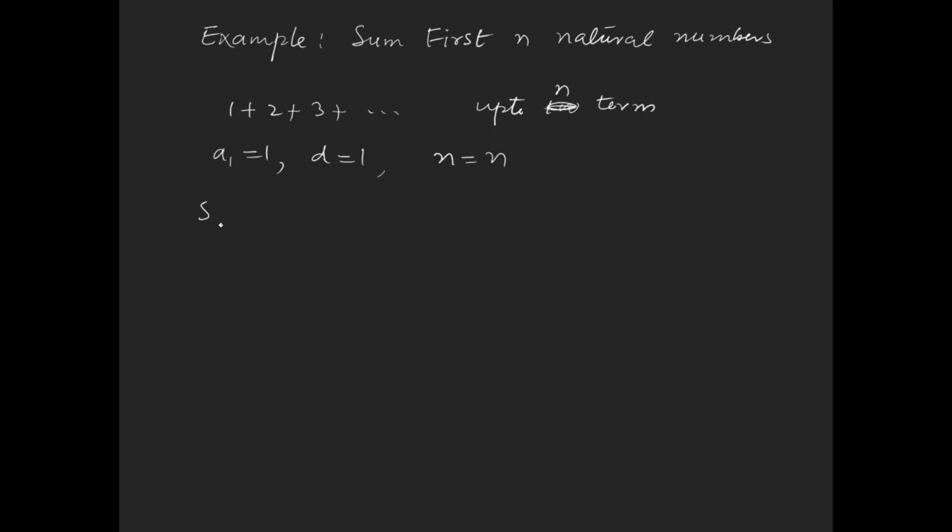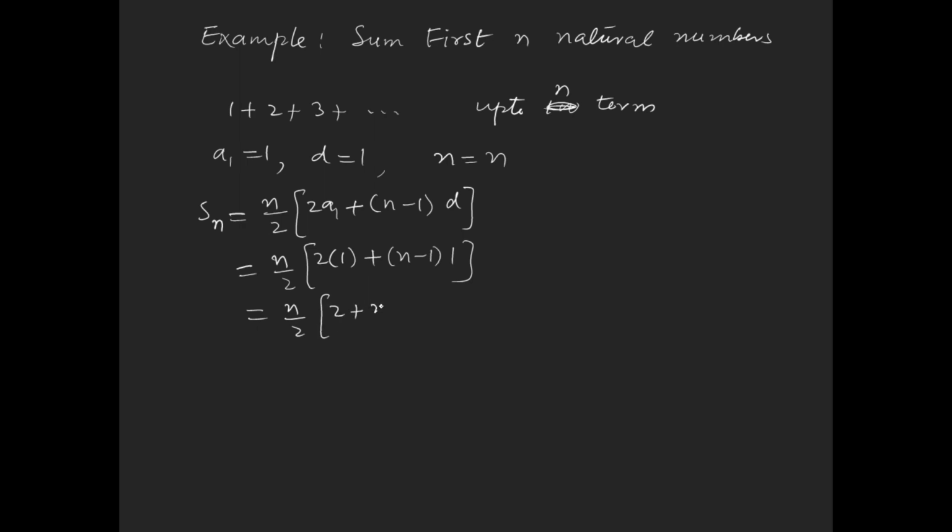So the formula will be Sn is equal to n divided by 2, 2a1 plus n minus 1 into d. So n by 2, 2 multiply 1 plus n minus 1 into d. n divided by 2, 2 plus n minus 1, and n divided by 2, n plus 1. So this is the sum.